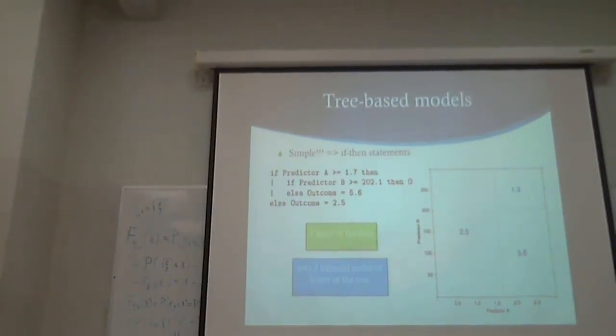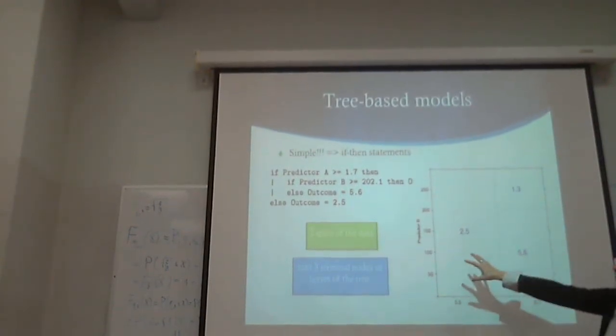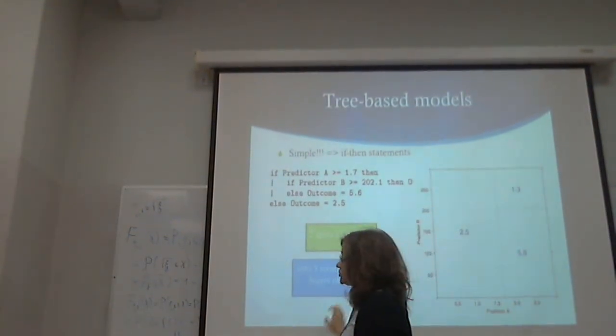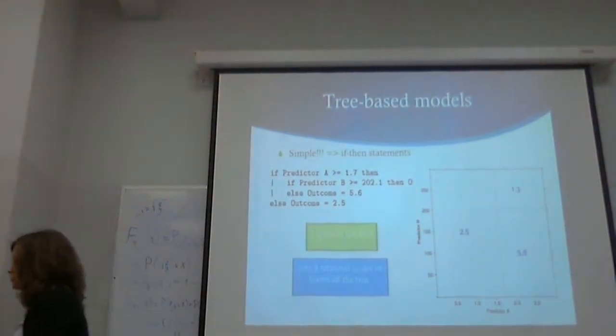When you have a boundary, you can see you have splits of the data, because the results are different depending on the threshold. And these two splits of the data can be represented as three terminal nodes of the tree.